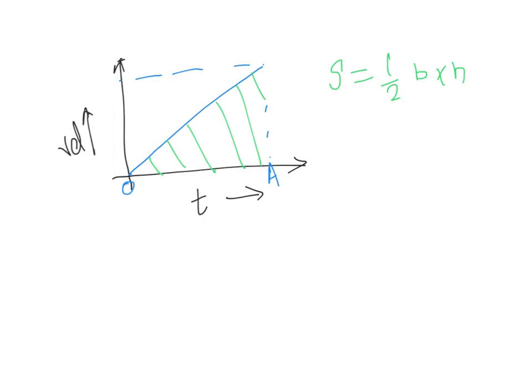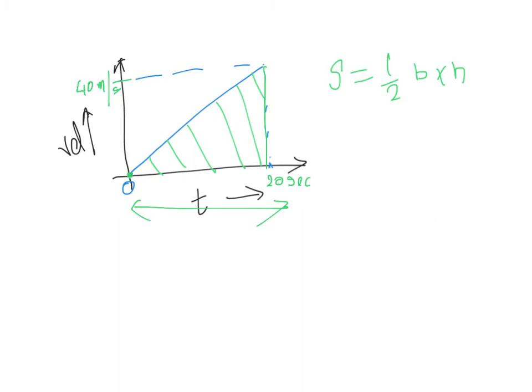Now for example, let's put some values here. Let's say this is my 20-second point and this is maybe the 40 meters per second point. So what is the displacement from 0 to 20 seconds?